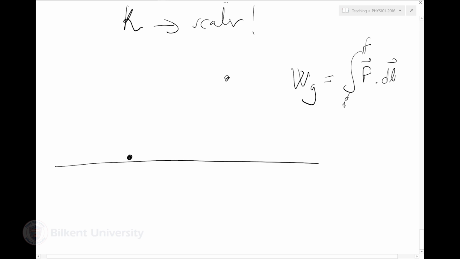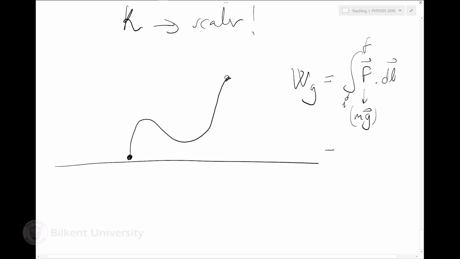Your object may be traveling in a strange path. At the end of the day, because F is constant, it's just mg, a constant can be taken outside the integral, right? So it's going to be mg dot integral dl from your initial point to your final point.